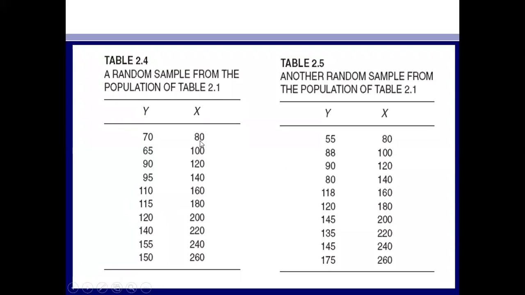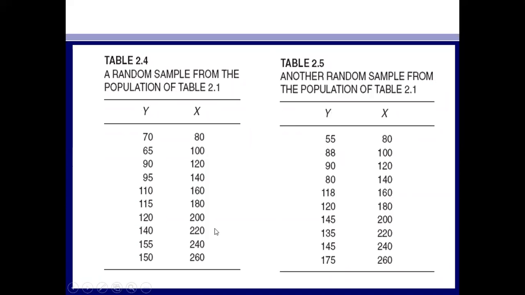Suppose the table 2.4 that we discussed in the last lecture can be considered as one sample. And table 2.5 can be considered as another sample of size 10. Similarly, you can consider a number of different possible samples of size 10 that can be taken from that particular population of table 2.1.